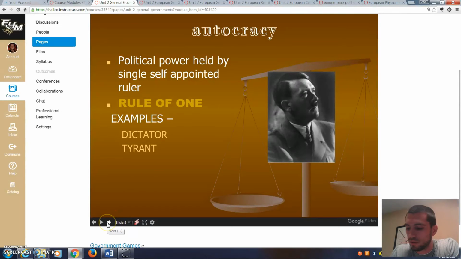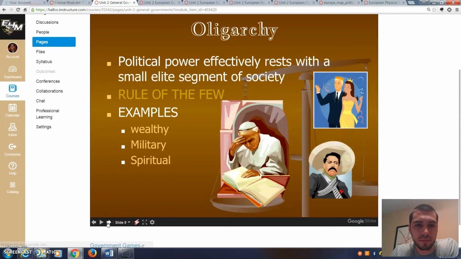Oligarchic. Right here. Political power effectively rests with a small elite segment of society. And if you go back and look at your notes, the ones from your warm-up that we did yesterday, you'll find out that it's an elite something.